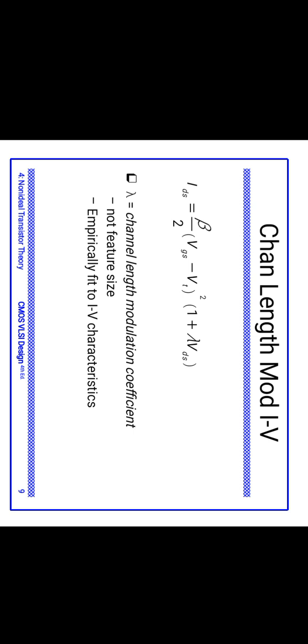As the channel length gets shorter, the effect of channel length modulation becomes more pronounced. Lambda is inversely proportional to channel length. The channel length modulation model is useful for conceptual understanding of the device. The channel length modulation is an important parameter for analog designers as it greatly affects the gain of an amplifier.